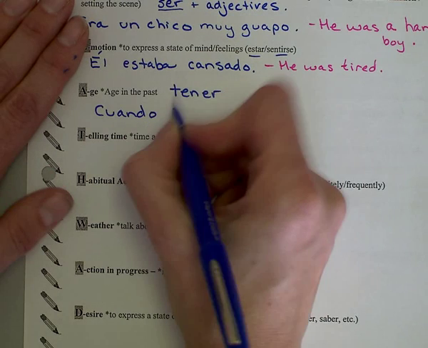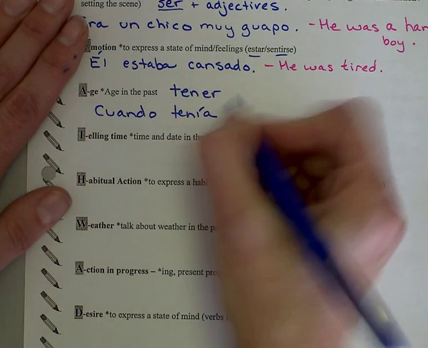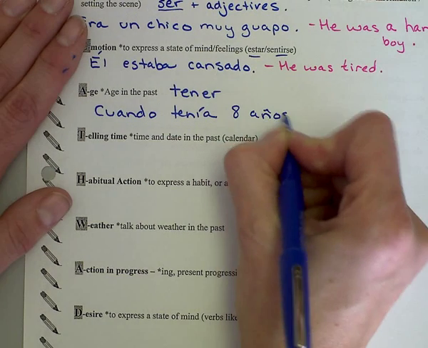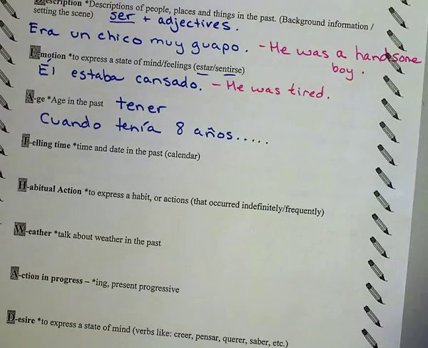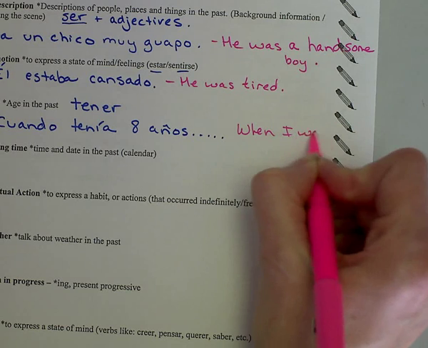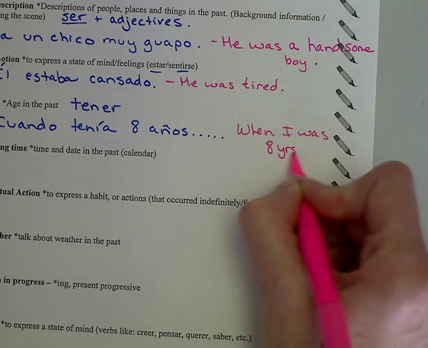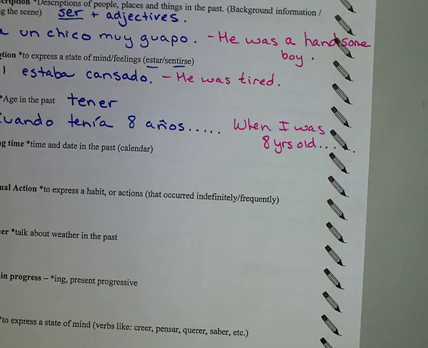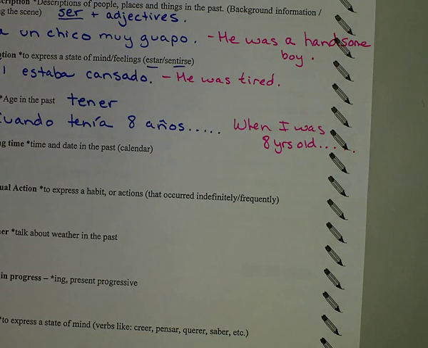Cuando tenía 8 años. So that would say when I was 8 years old. And the second clause of the sentence could be either imperfect if we're using another description, or it could be preterite if we say that, like, I went someplace. When I was 8, I went on a trip.